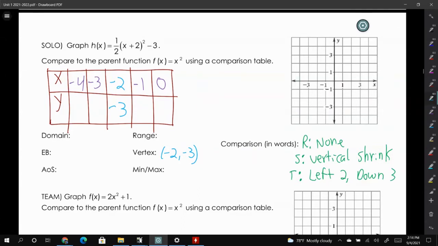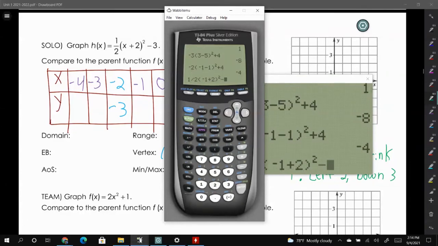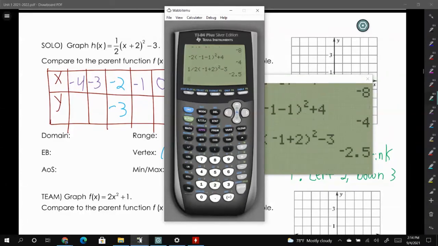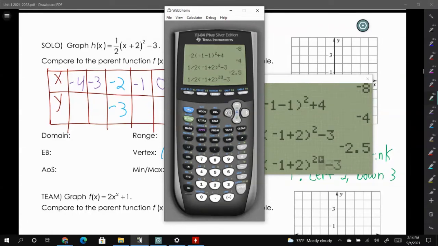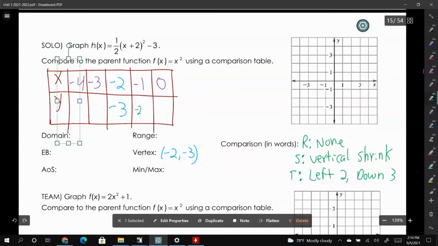If we plug in -1, see 1/2 parentheses, -1 plus 2 squared minus 3, we get -2.5. Now if we plug in 0, we get -1. So -2.5, -1.